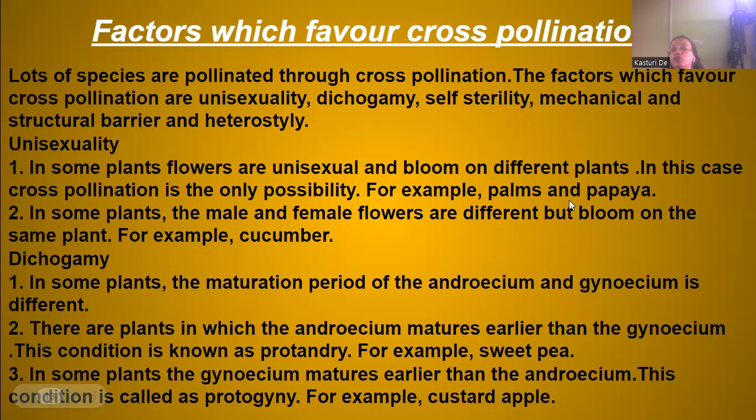Next, we come to the factors which favor cross-pollination. Lots of species are pollinated through cross-pollination. The factors which favor cross-pollination are unisexuality, that is, the flower has a single sex, having the gynoecium or the androecium only, not both sexual organs.